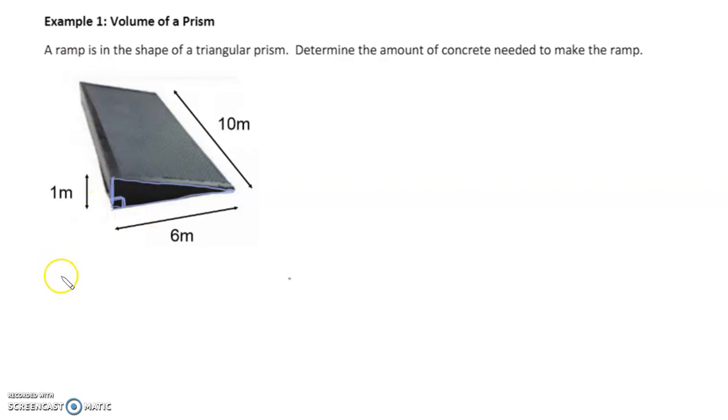So, for example, we're going to do the volume of a triangular prism. Okay, let's go area of the base, times the height. So the area of the base is going to be half the base times the height, which is going to be, the base is going to be 6, the height is going to be 1.